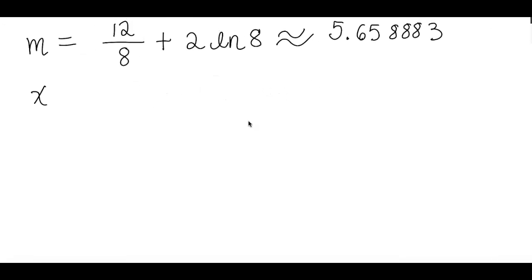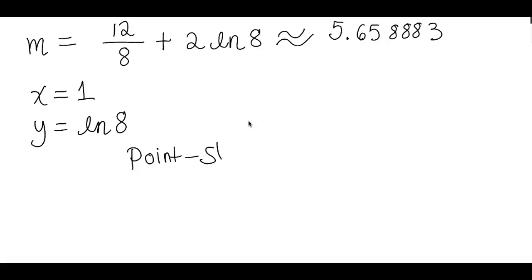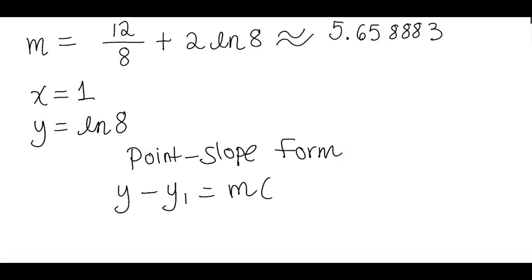X is 1, and y was natural log of 8. Okay, all right, let me plug it into the point-slope form. I'm just doing really slow, that's why it's not supposed to be this long, but y minus y1 equals m times x minus x1.